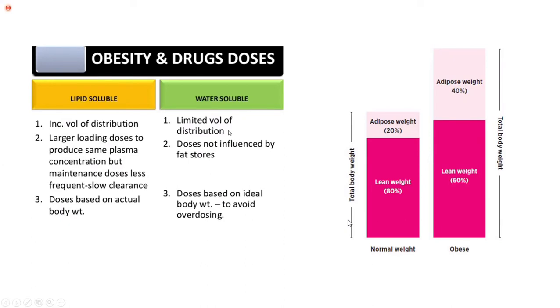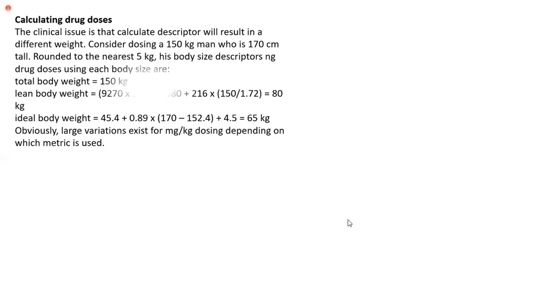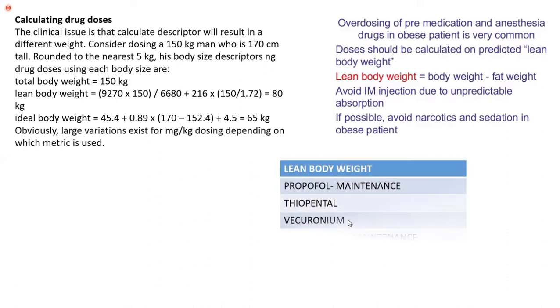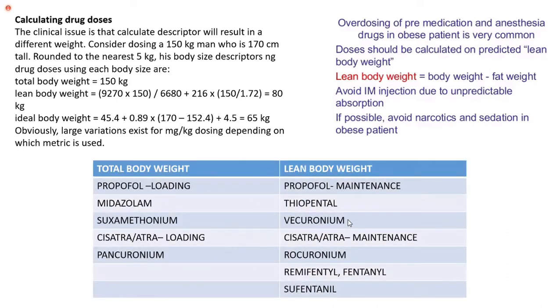The volume load is less, so not influenced by fat stores, so based on ideal body weight. So water soluble drugs are to be given on ideal body weight, fat soluble drugs on total body weight. Now how to calculate the dose of the drug, all these things are available in the books. So this will help you.